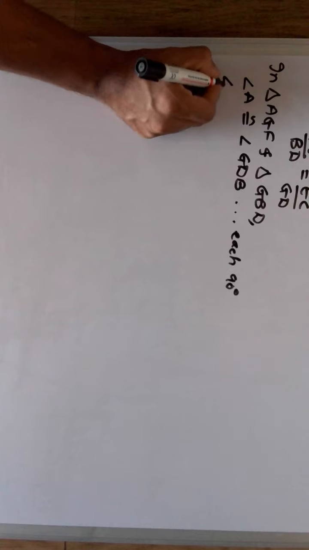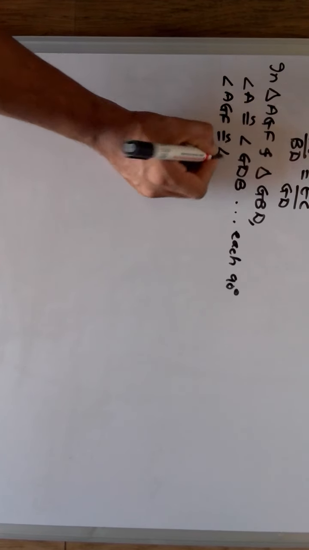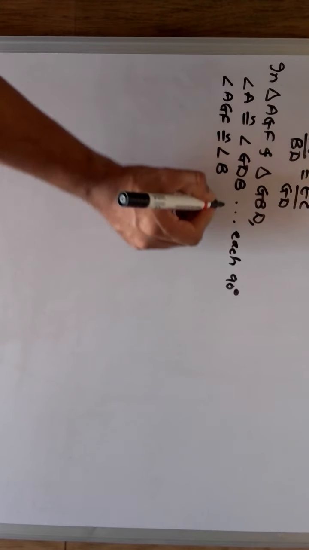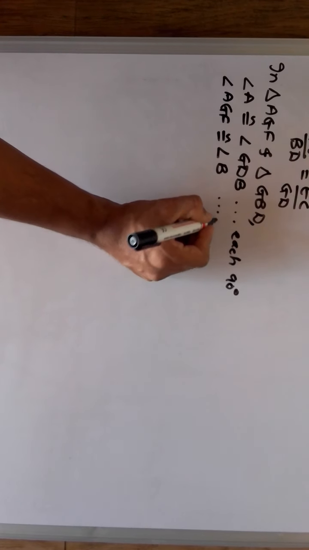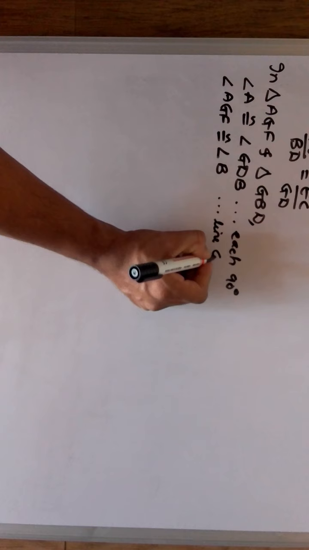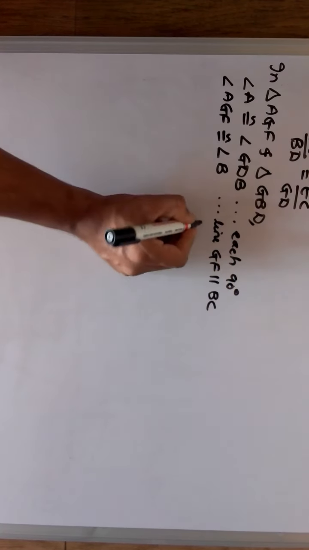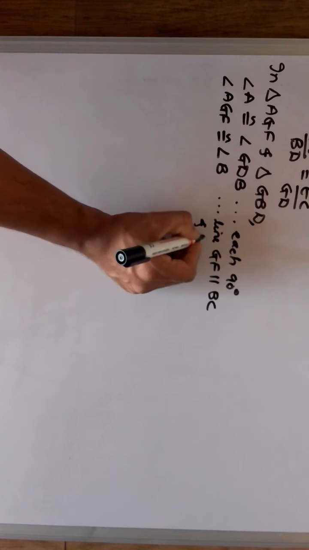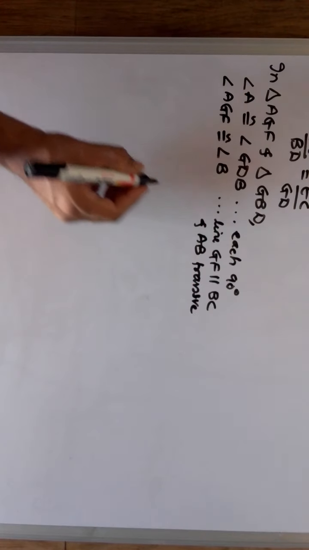Then angle AGF is congruent to angle B. Now I have not written here which lines are parallel. We can directly write the converse of corresponding angles test, but I prefer you write it like this: line GF is parallel to BC and AB is the transversal.